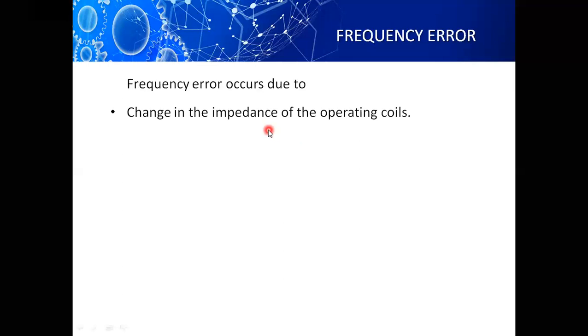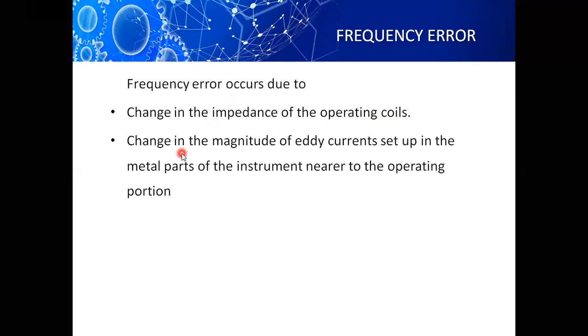When the reactance of the coils is changing, that means the impedance of the operating coils is changing. So because frequency is changing, the impedance of the operating coil is changing. That means a change in the magnitude of eddy currents set up in the metal parts of the instrument near the operating portion. So when the frequency is changing, the eddy currents that are set up will also change. Hence we'll have errors in the system.